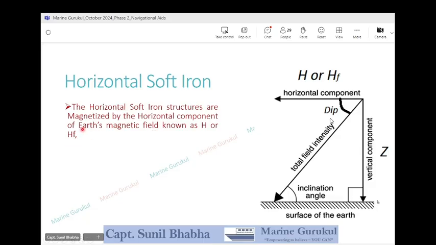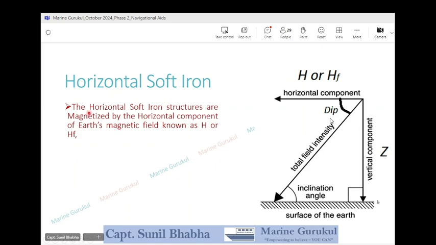Now, when we discussed the magnetic field of the Earth, we discussed that at any particular place on the Earth's surface, the total magnetic field intensity represented by this slanting vector can be divided into two components. The horizontal component known as H or HF and the vertical component known as Z. Now, why have we divided them into components? So that we can understand the effect of Earth's magnetism easily onto the ship structure and onto the compass.